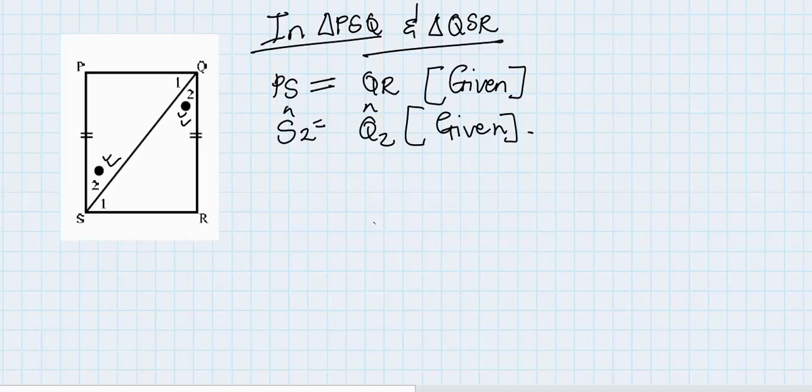What else is the same? I look at this line here. This line that moves across there called SQ. We see that this line now, it's in this triangle and it's also in this triangle.